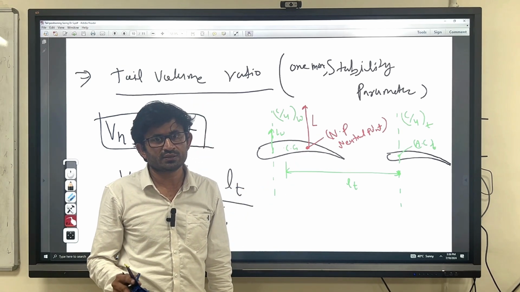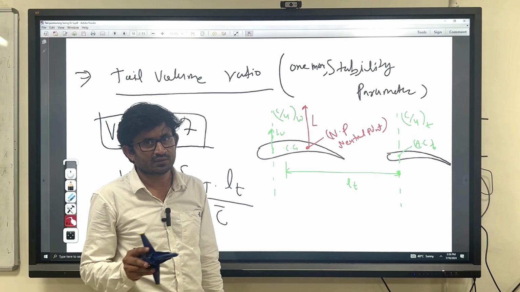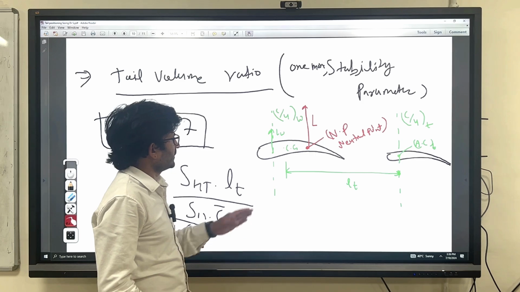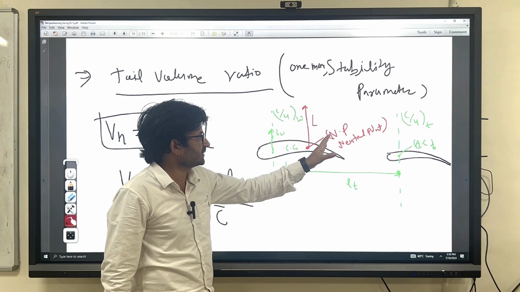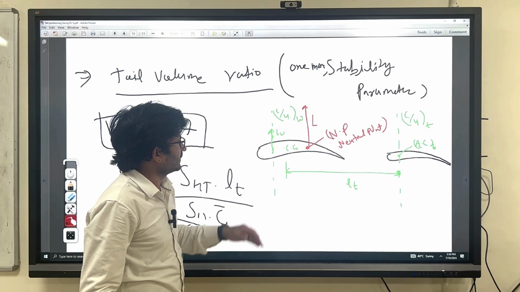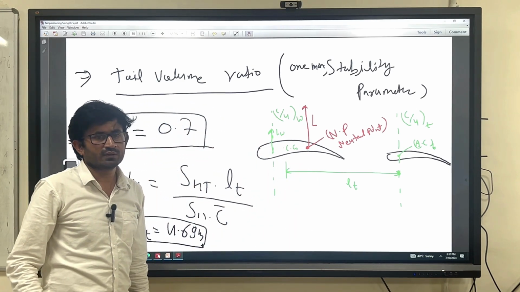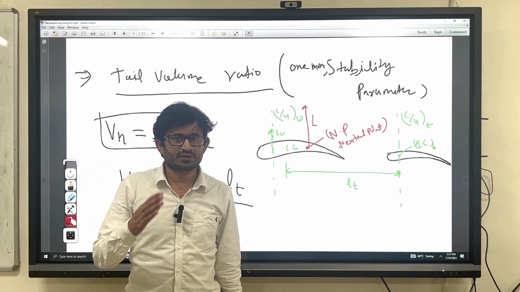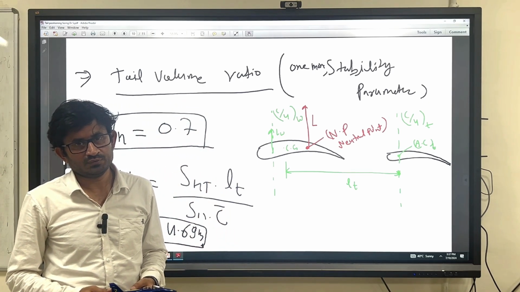So the neutral point is nothing but the aerodynamic center of the complete aircraft. Now you can see that the CG is ahead of the aerodynamic center; here aerodynamic center means neutral point only. We will discuss this neutral point in detail when I cover the aircraft stability and control part of this course. So thank you very much.